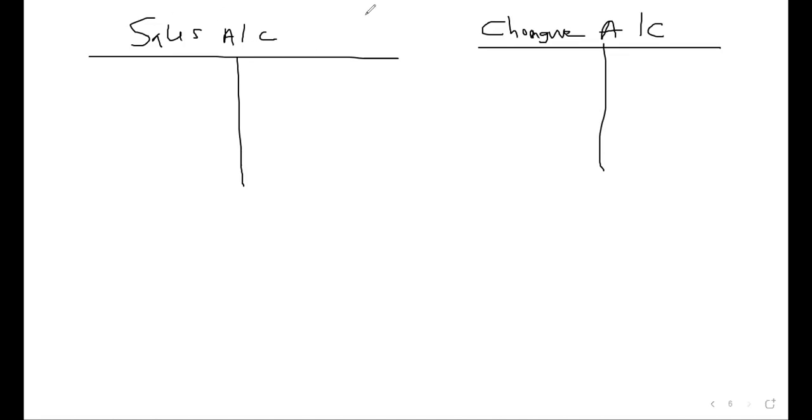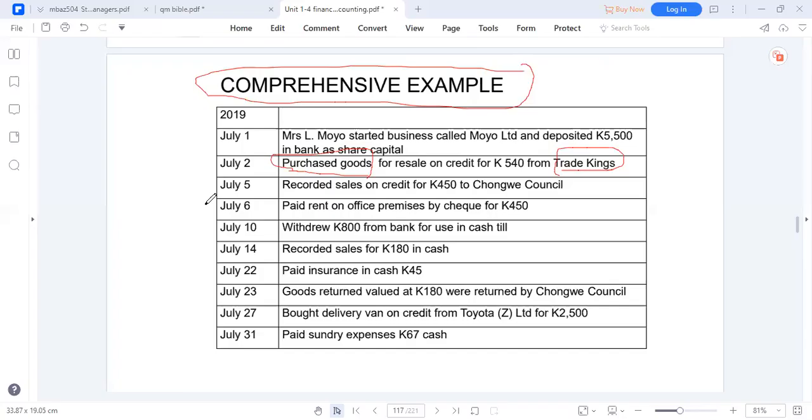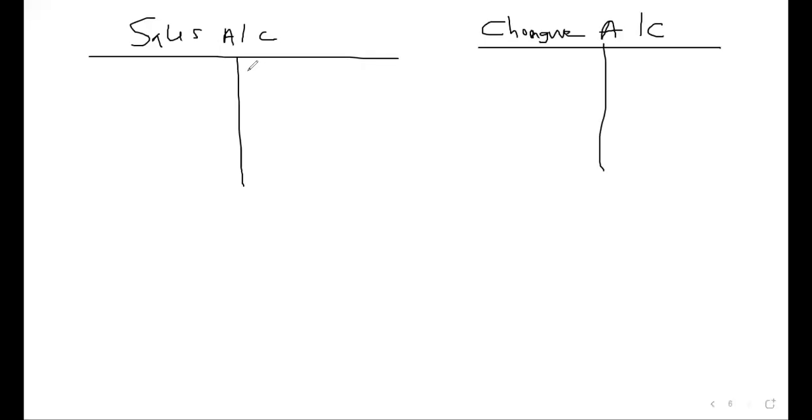All right, so now we are getting down to the sales to Chongwe on the 5th. So you just say 5/07. Then here you say Chongwe.